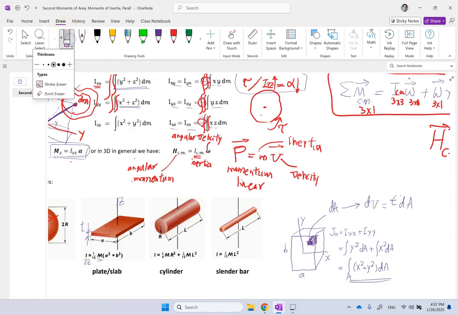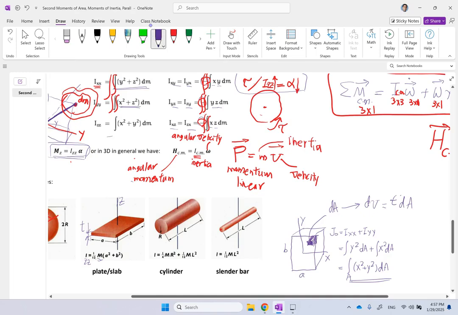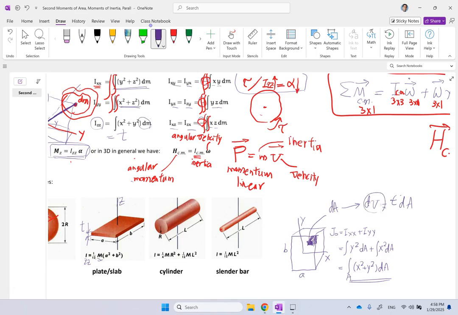I can say that this inertia moment for Z is the thickness T times what? Now that's the volume. I want mass. There was one thing we forgot. The mass is not T dA. It's T dA, that's the volume. You have to multiply it by the density rho as well, because that was just the volume. You multiply by density, now you got the mass.